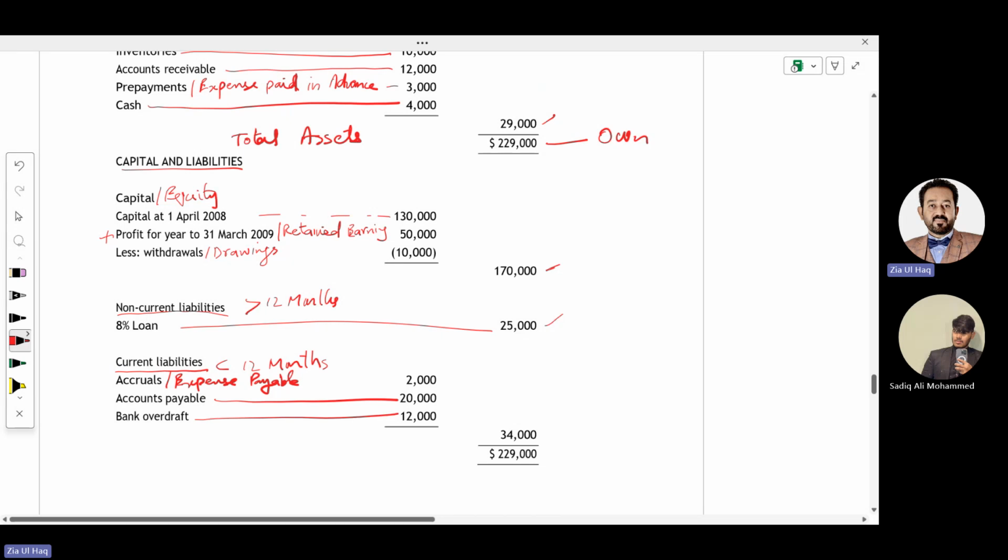We need to pay this to the bank in future. And these are total current liabilities, and equity plus long-term plus current liabilities is what the business owes. And this owns and owes are equal.